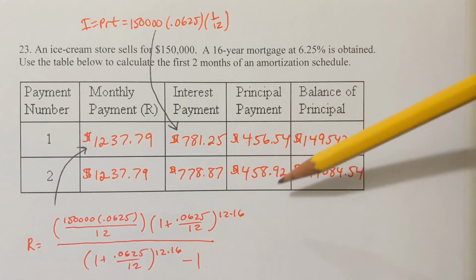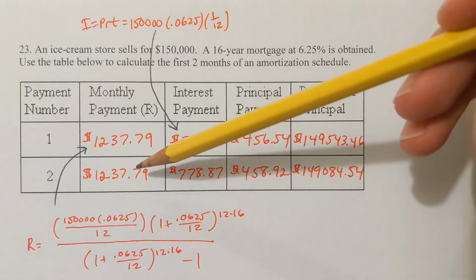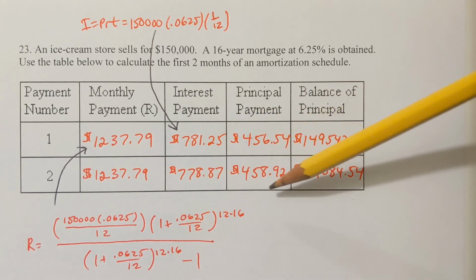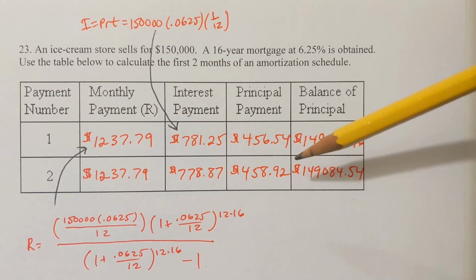The rest of it is going to go towards the principal. So if I take this amount minus this amount, I get $458.92 going towards the principal.